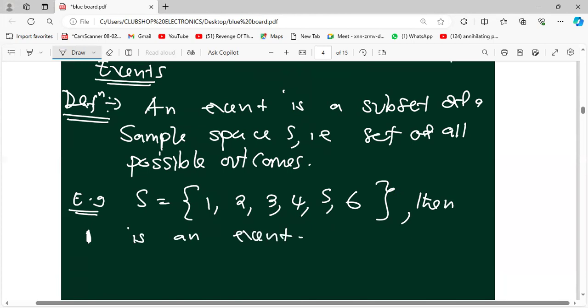We are saying an event is a subset of sample space S, and sample space S is a set of all possible outcomes.